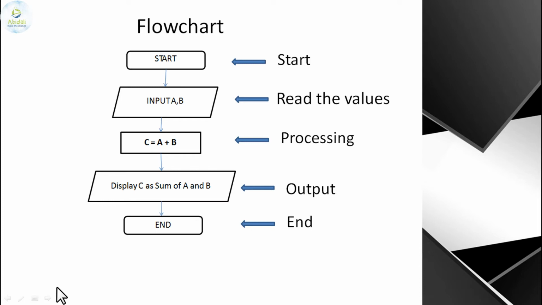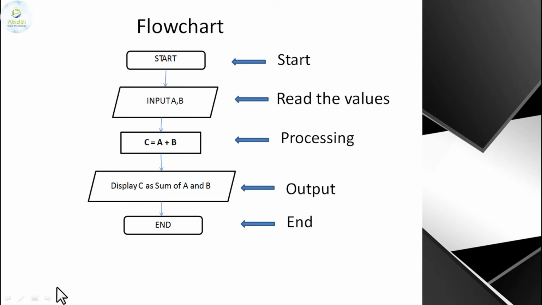You see the start is represented by a oval, which we discussed in the last class. So start and stop, that is beginning and ending, are represented by the oval. I'll draw the shape for the oval and inside it I'll write start, and for input and output purposes I'll be using a parallelogram.